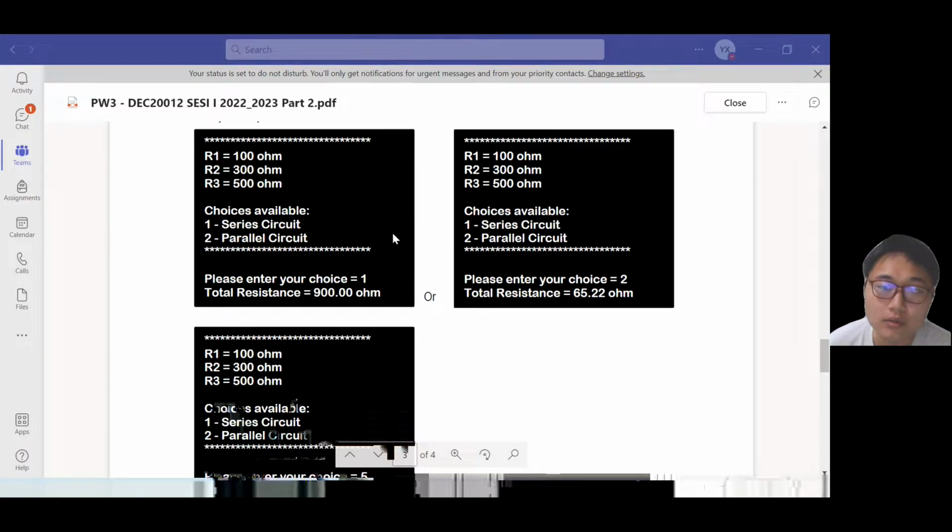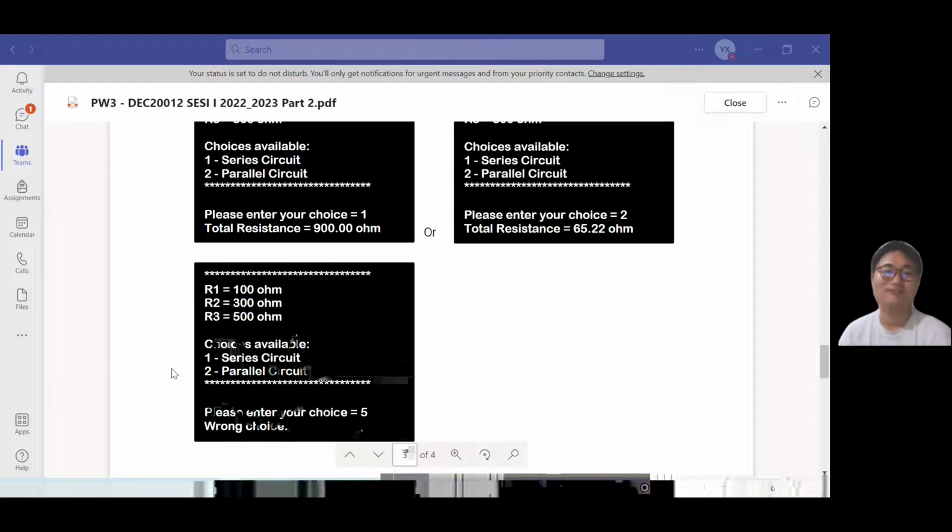In order to enter choice 1, I'll get 900 ohm, which is series circuit. And if I enter choice number 2, it becomes 65.22 ohm. And then if I press choice number 5, it's a wrong choice. So let's get back to the C programming.